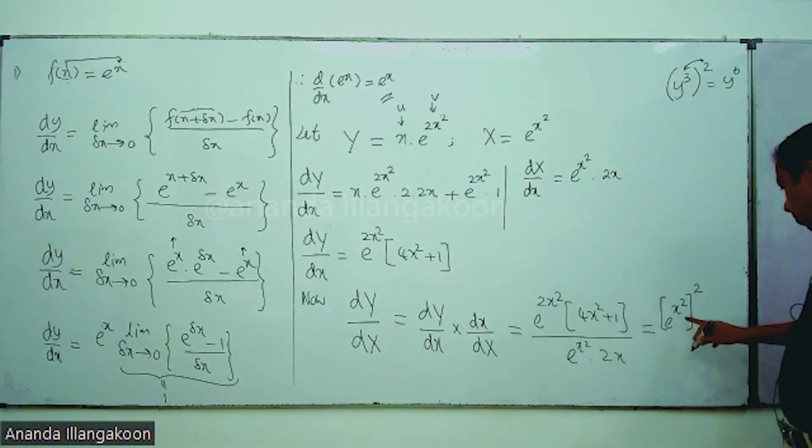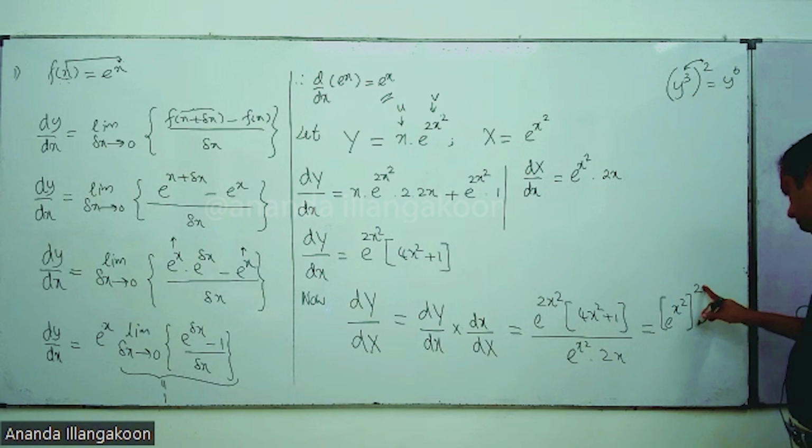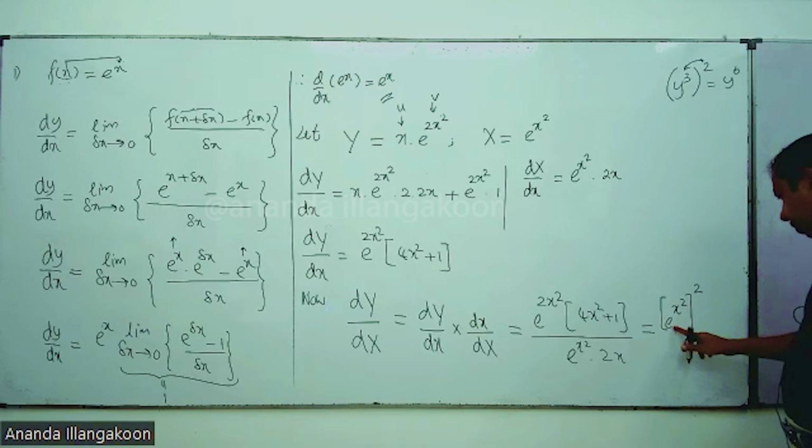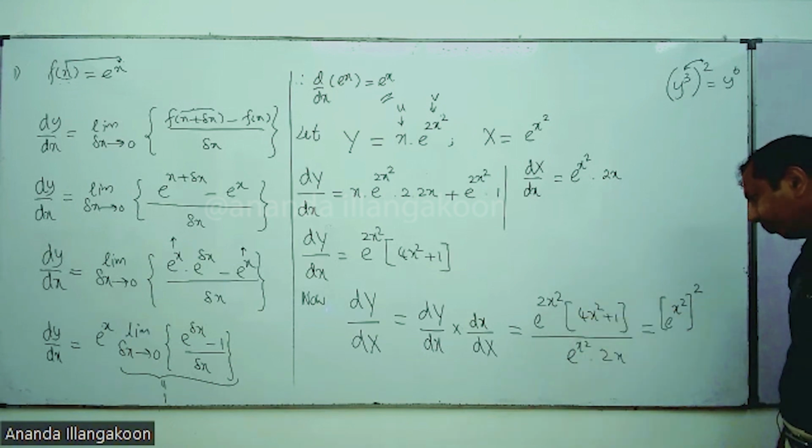Then here also, if I write e to the x squared to the power 2, to simplify this, this x squared should be multiplied with this 2. Then we get 2 into x squared as the power of e. Correct? No? This thing comes.